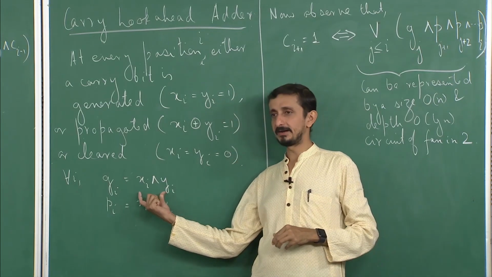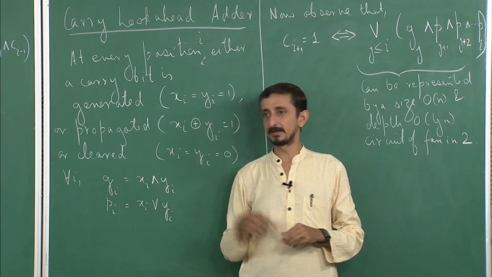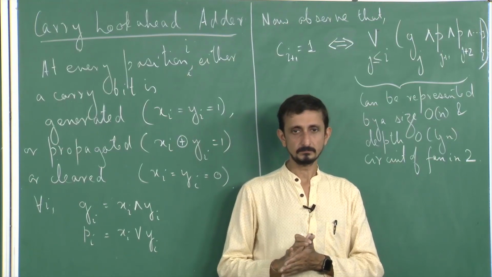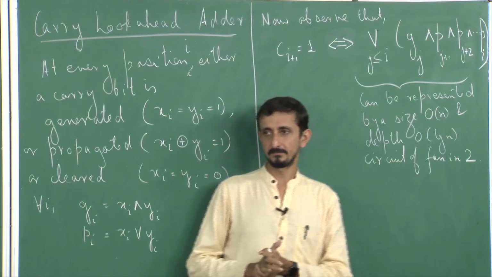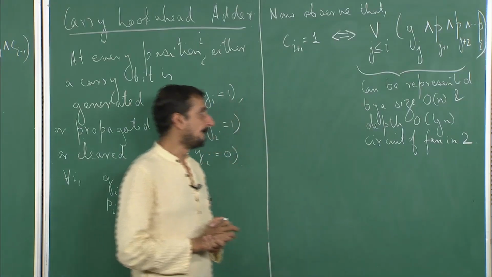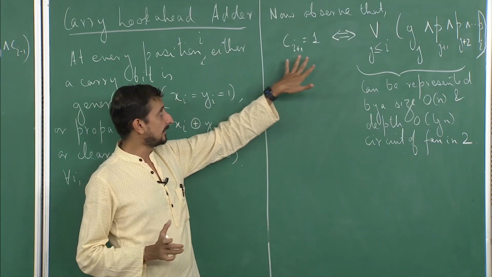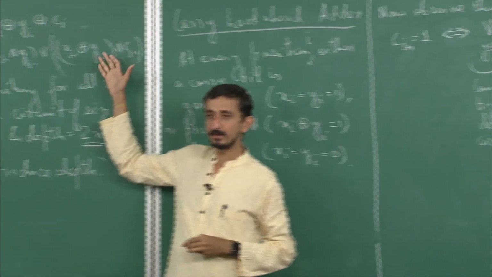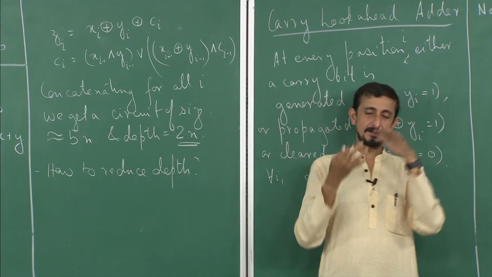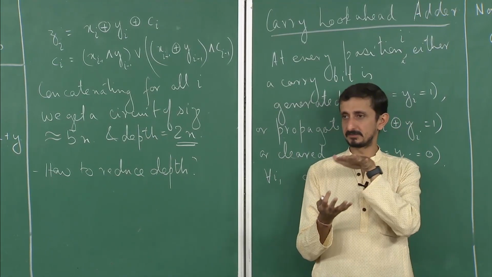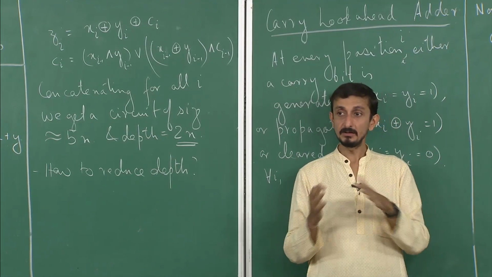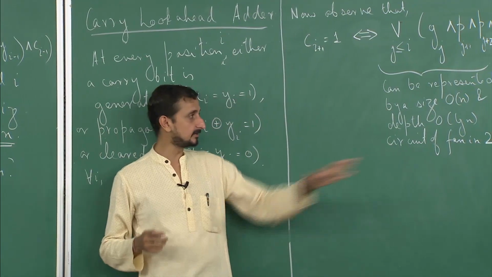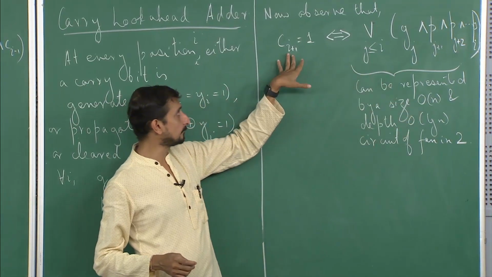Okay, so here I have another additional depth, because I have to compute these Gi's and Pi's below it, right. Once I have the Ci's, then I can directly implement this function. So, basically with unbounded fan-in I have a constant depth circuit, and if I have bounded fan-in then I will have a log n depth circuit, but what will be the size of the circuit computing addition? So, this is basically the size of the circuit computing the carry bit.